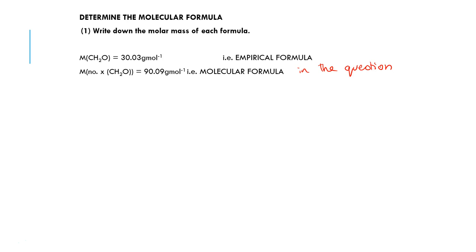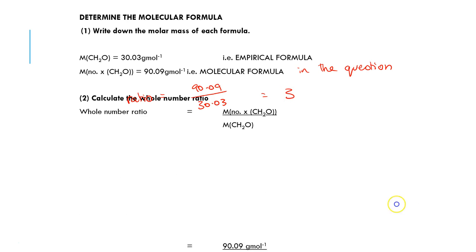So now I want to figure out my ratio, okay, which is just taking my molar mass and dividing by my empirical formula. And hopefully you can do that in your head and realize it's 3, okay? And that's what we've got all typed out here, okay? Which means that of my empirical formula, I've got 3 lots of it in my molecule.